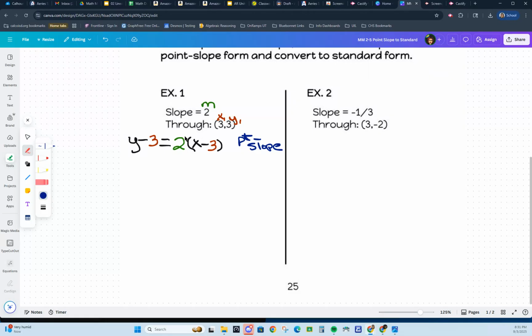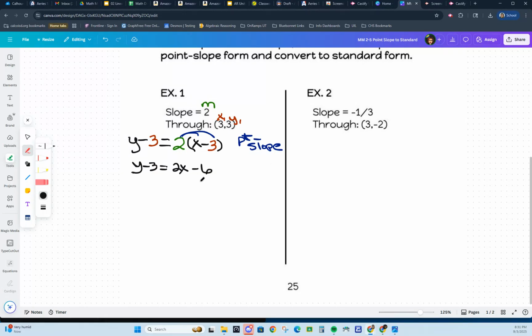But the first thing we're going to do is distribute this 2. Once we distribute that 2, we're going to end up with y minus 3 equals 2x minus 6.